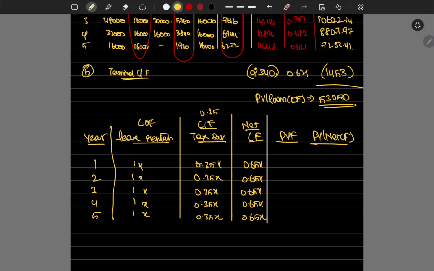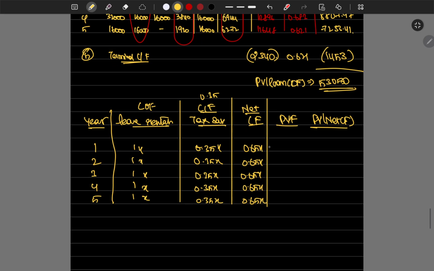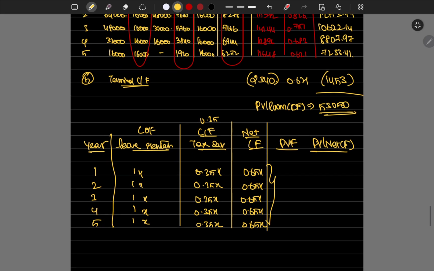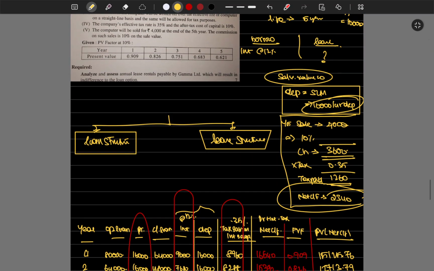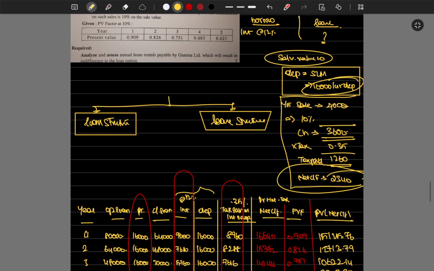What's the PV factor? We can take the PVAF, which is the total of 1 divided by 1.1, 1.1 squared, up to the 5th power, everything added up.